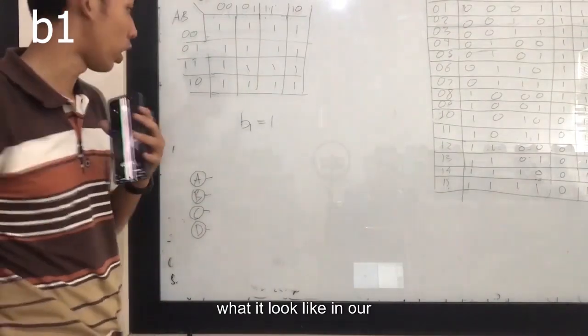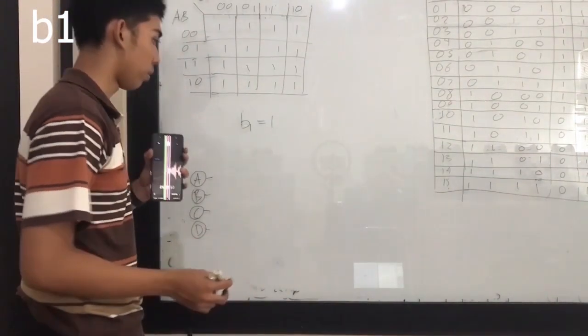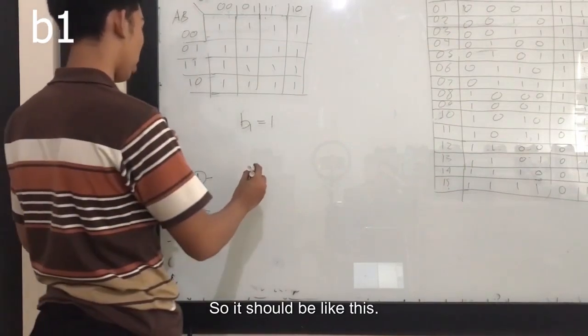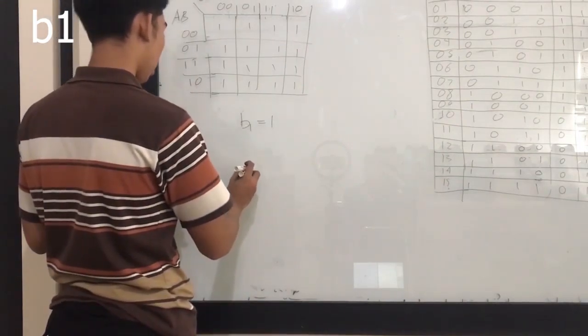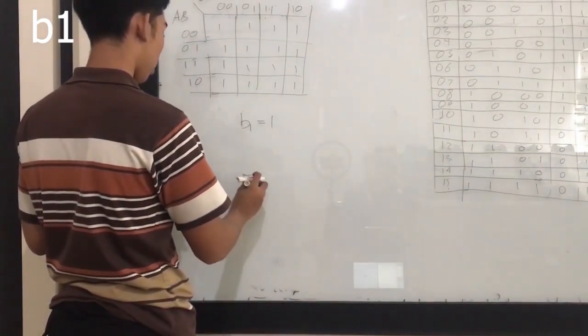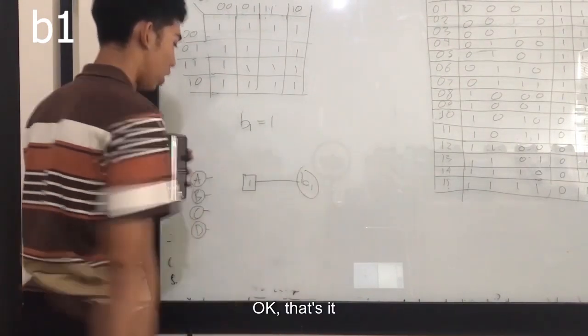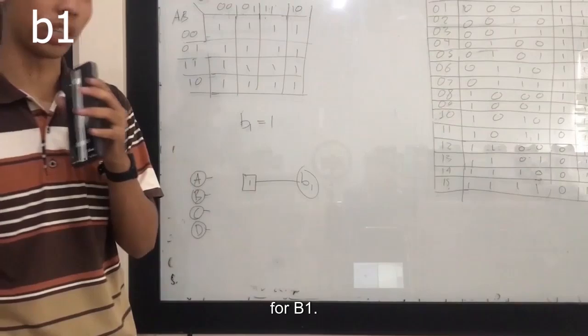So what it looks like in the circuit should be like this. Okay, that's it for B1.